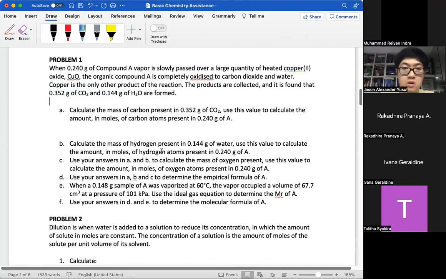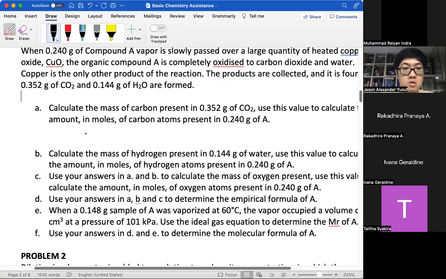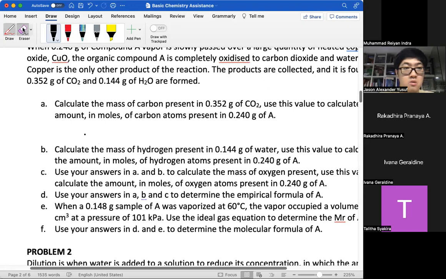So first, we need to determine the mass of carbon present in the compound. Let me just zoom this in. So basically here, you are asked to find the mass of carbon present in this amount of CO2.